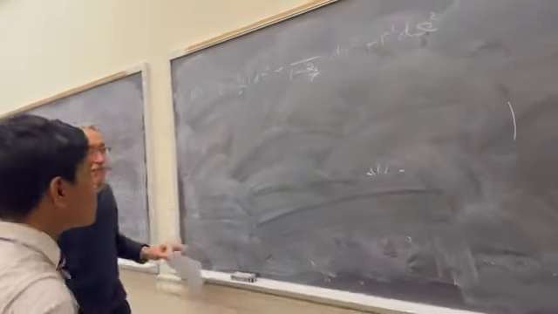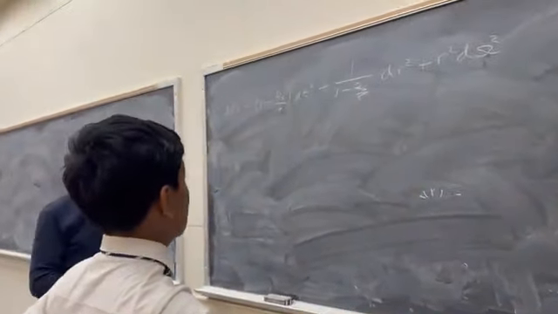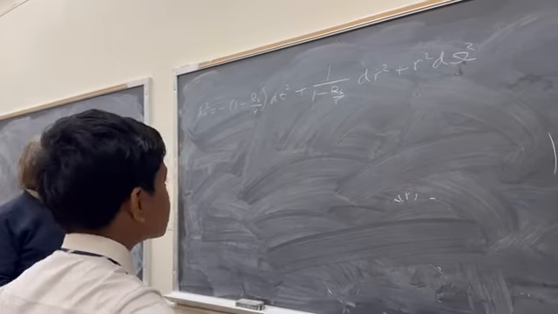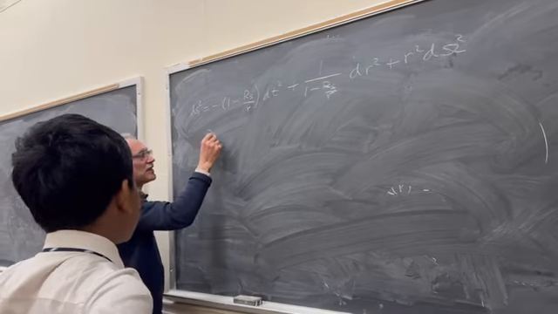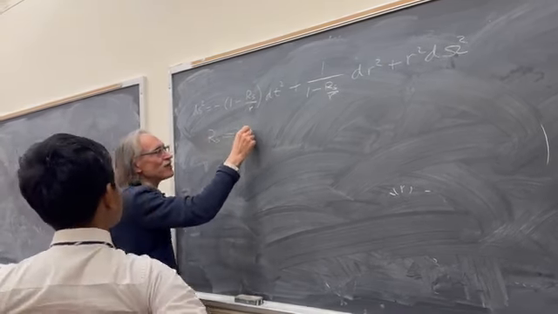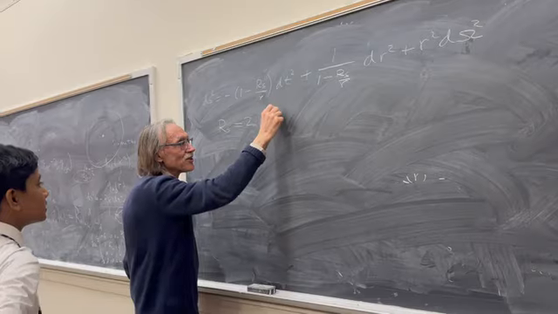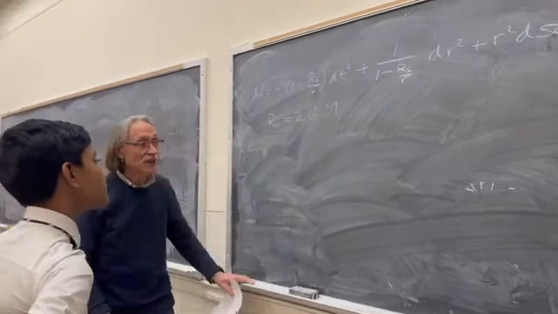That is what you get if you solve the equation. That's the solution of the equation. It is very simple, and rs is equal to 2 times the gravitation constant times the mass of the object.